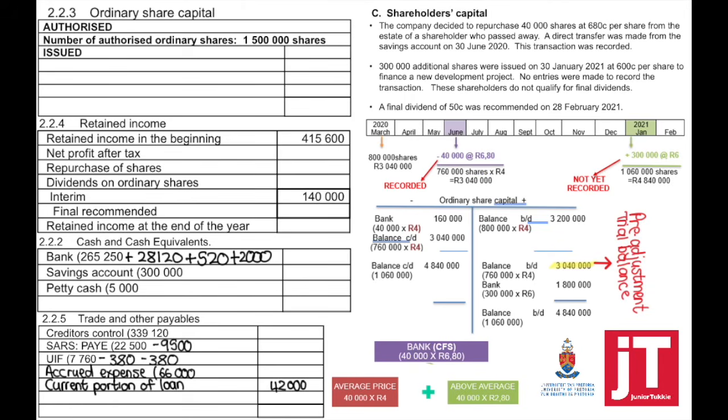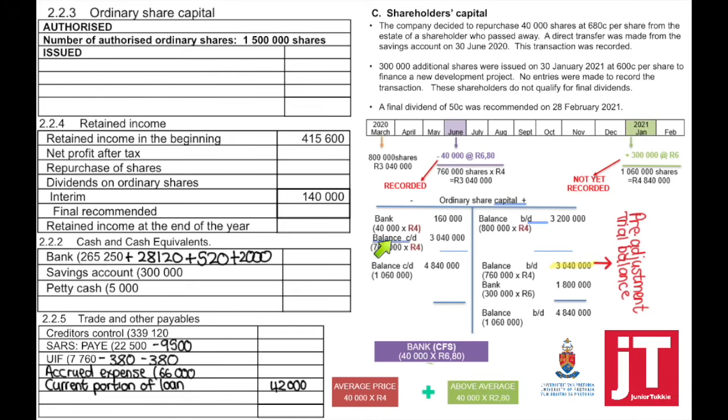So my next step is to calculate the balance in the beginning. And this is where the ordinary share capital T account does help. If I look at the balance brought down from the pre-adjustment trial balance, balance brought down means balance carried down.